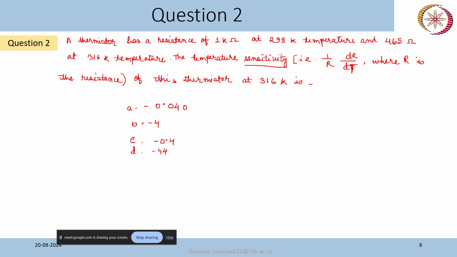This is not like a linear relation, y equal to mx plus c. So the sensitivity at what point we have to calculate, that is given in the question. And as you can see, all the options are given as negative. So this is an NTC type thermistor.